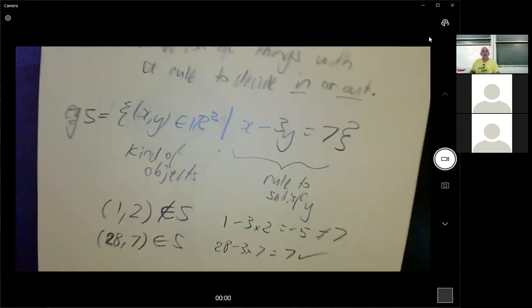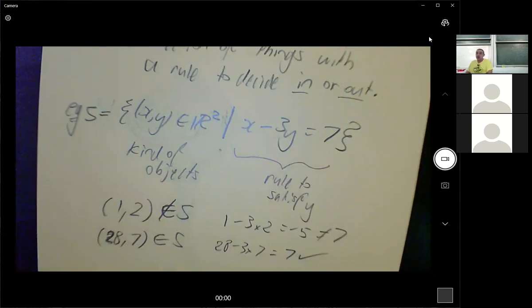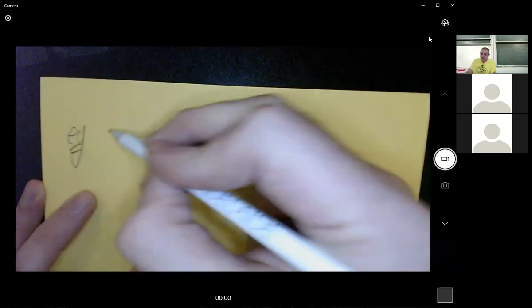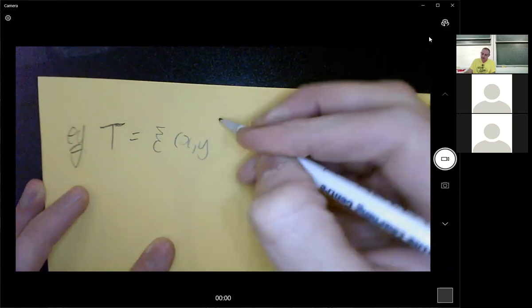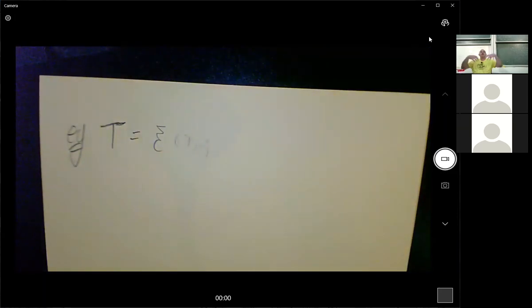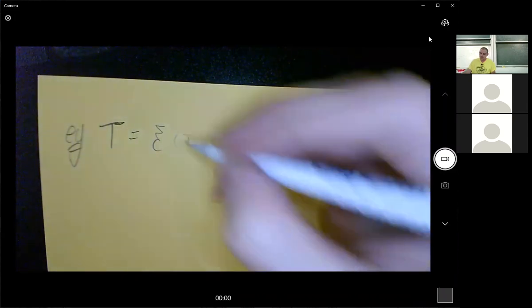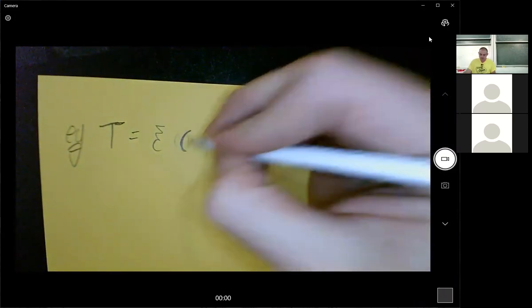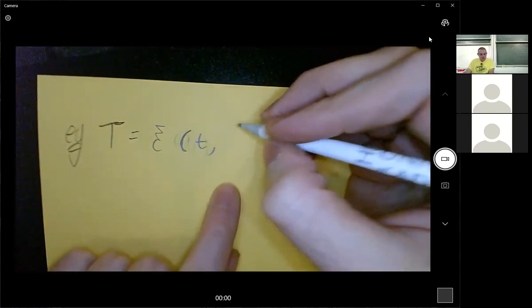So this is one kind of way to make a set, to have a rule to decide whether it's in the set or not. There is a separate way to make a set, which is this. So an example, I shall call it T because that's the next available letter. This one has the rule first.